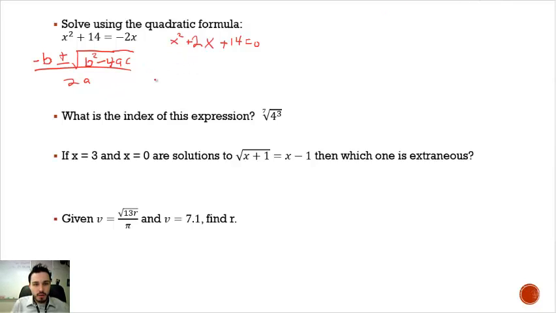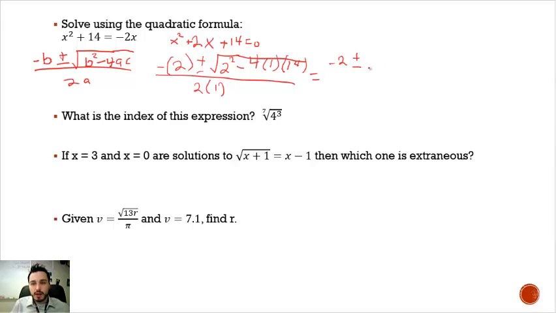So we take the b, we plug that in. Remember, it's negative b though, so I put the negative sign and then I put the b value in there. Plus or minus the square root of b squared minus 4 times 1 times 14, all over 2 times 1.